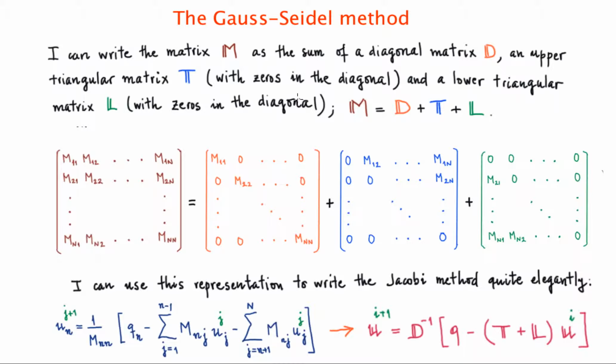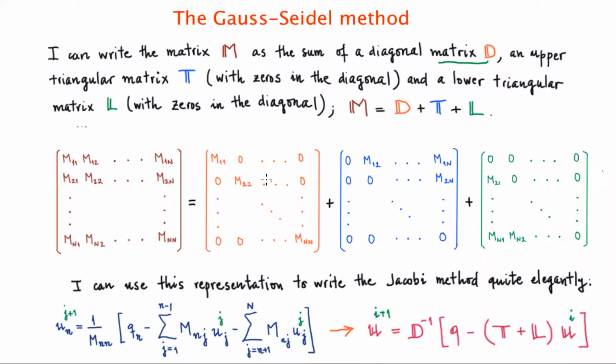So in order to write them in a short way, we're going to define different matrices. Here we have the M matrix. We are going to write this M matrix as the sum of a diagonal matrix first, which is just the elements we have in the diagonal.